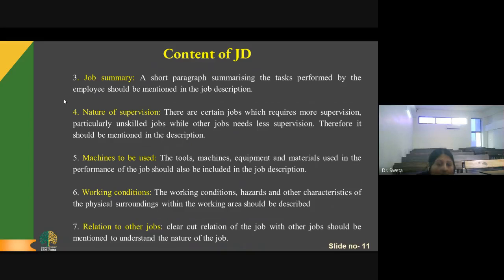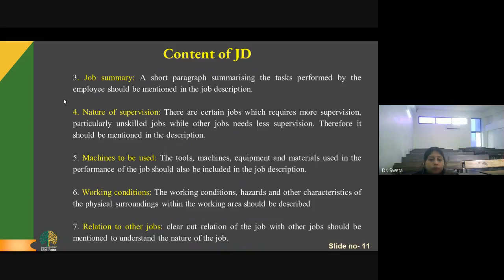Nature of supervision. There are certain jobs which require more supervision, particularly unskilled jobs, while other jobs need less supervision. So it should be mentioned very clearly in the job description what kind of supervision the job requires, and it should be very clear who is going to report to whom. Now, machines and tools to be used.